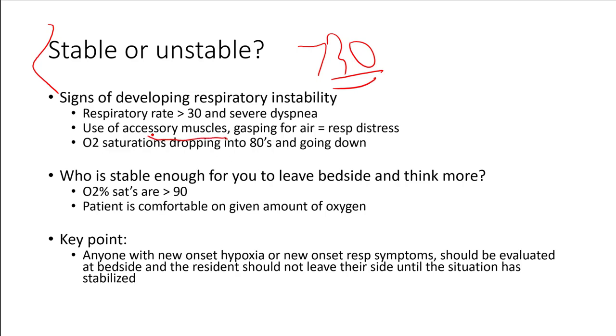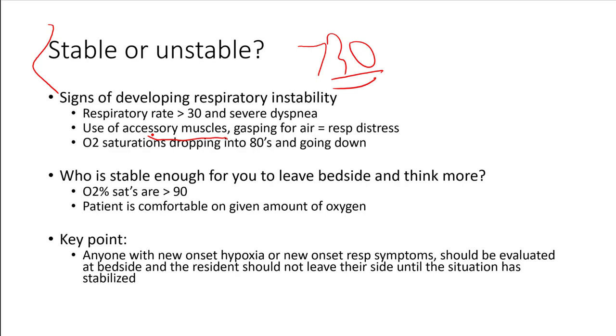An immediate indication of respiratory distress and unstable status is accessory muscle use, kind of just gasping for air. Sometimes patients will be sitting up, leaning forward, tripoding in the bed. That's another sign of distress. If you look closely at their neck, you can see the muscles sort of go down as they're breathing, and you see that effort in their chest.